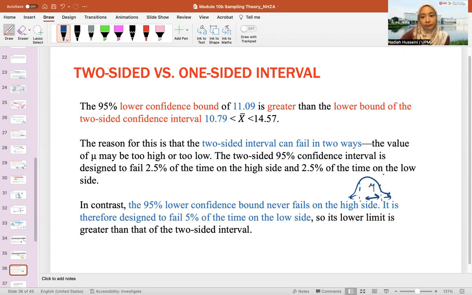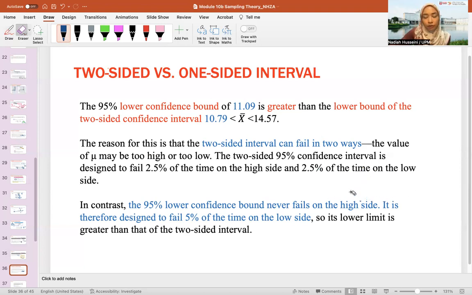But sometimes you fail, and that is the 2.5% over here and the 2.5% over here. The value of mu may be too high or too low. The two-sided 95% confidence interval is designed to fail 2.5% of the time on the high side and 2.5% of the time on the low side.